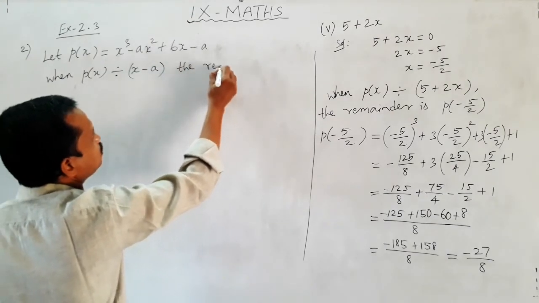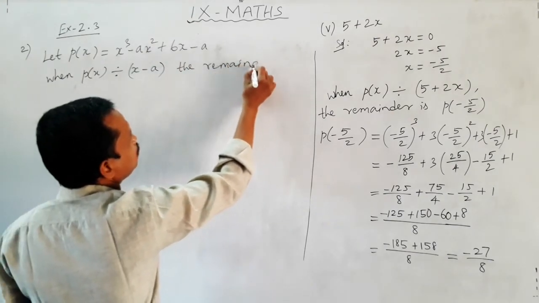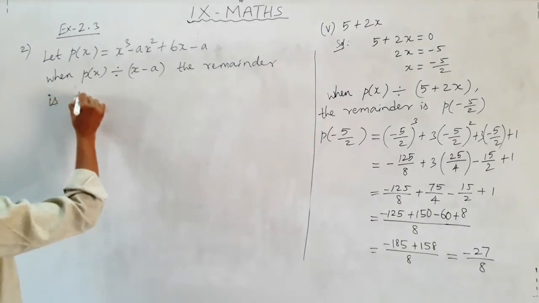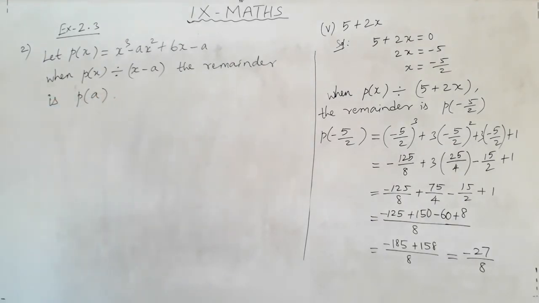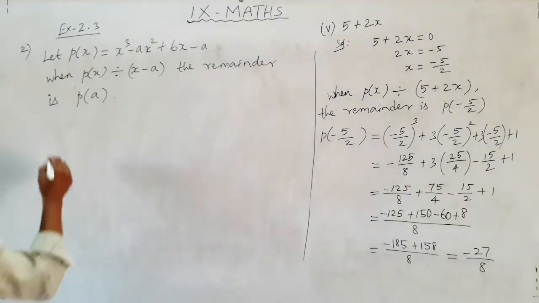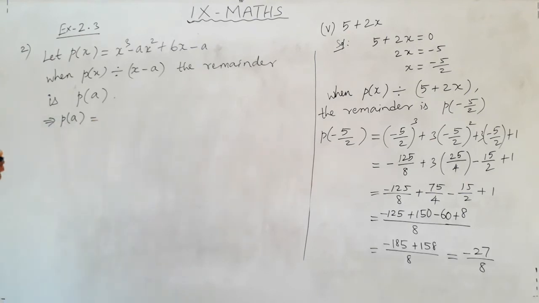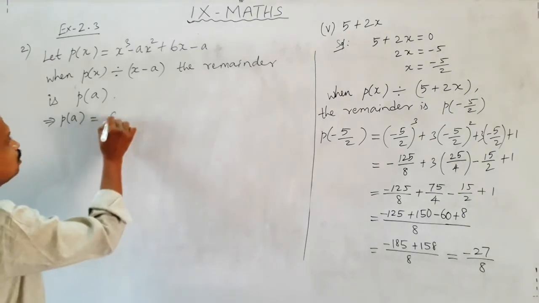The remainder is, what is the remainder? P of a, that you know. This implies P of a equal to, just substitute a instead of x. What happens?